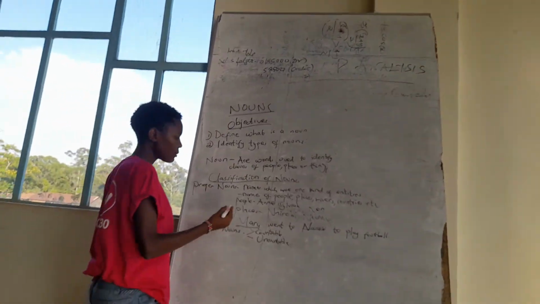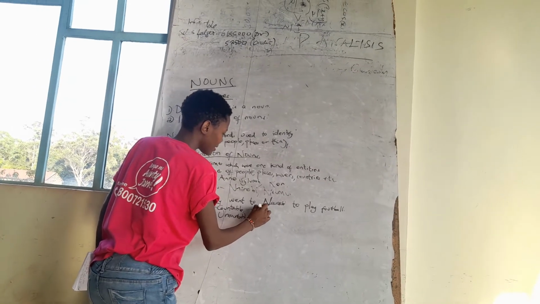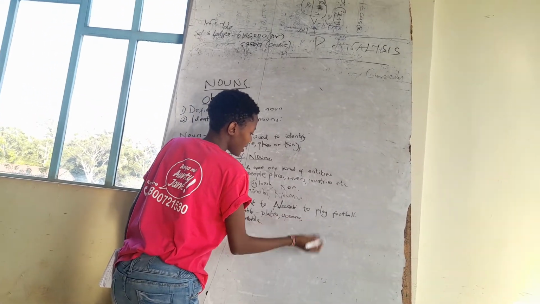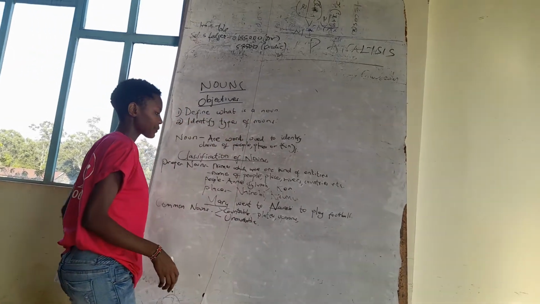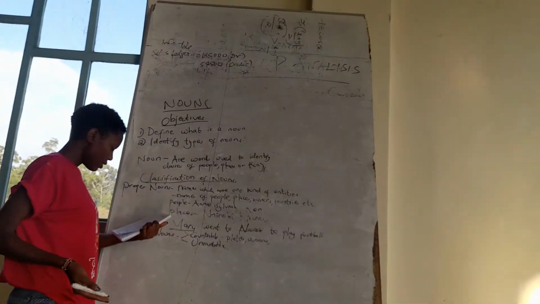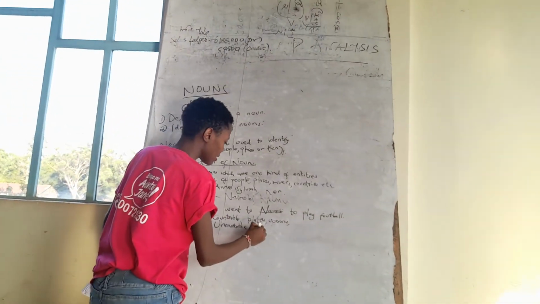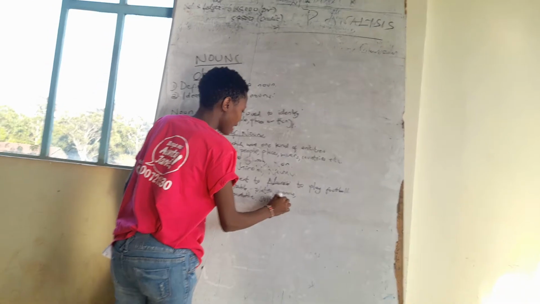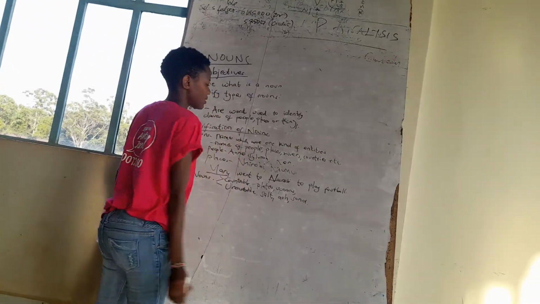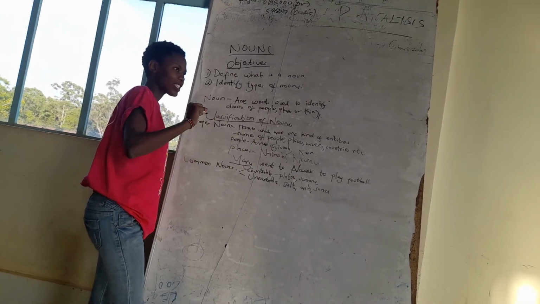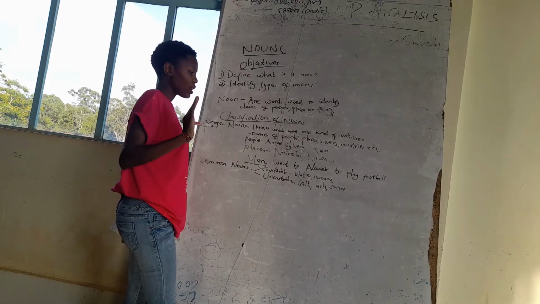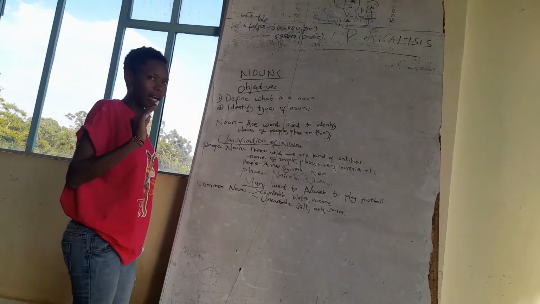Let's say you can know the number of plates, the number of spoons. But uncountable, we have salt, ash, sand. You cannot count ash and say ash 1, 2, 3. It will take you a lot of time, so you cannot count ash.